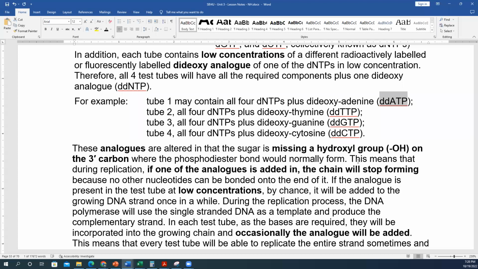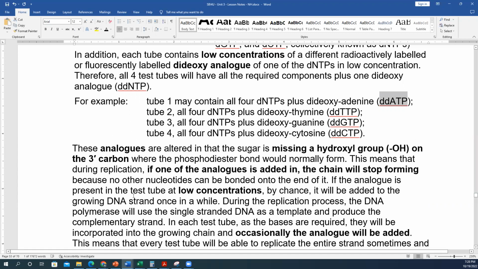It will stop it from growing anymore, because you can't bond any more nucleotides to the end of it, since you are missing that hydroxyl group on the 3' carbon where that phosphodiester would form.